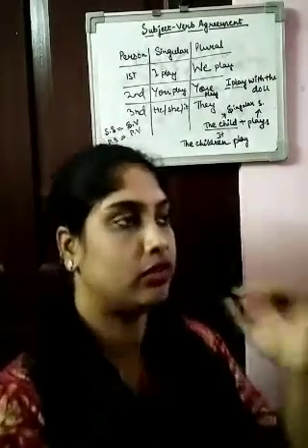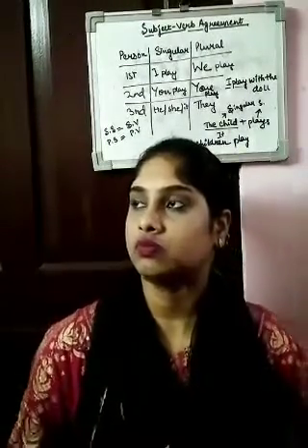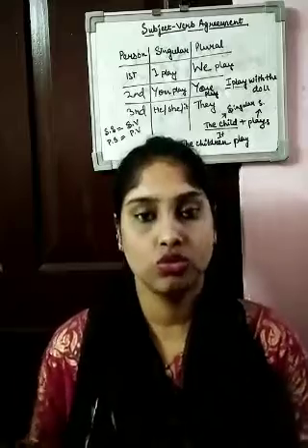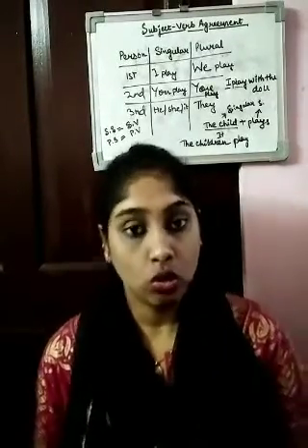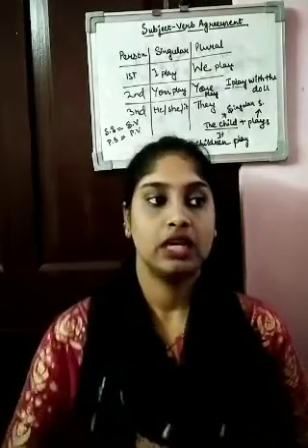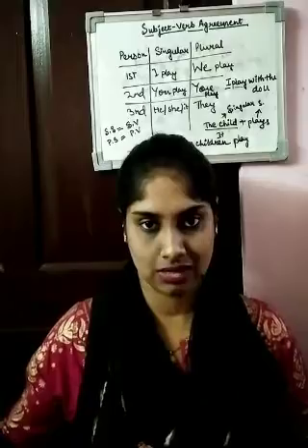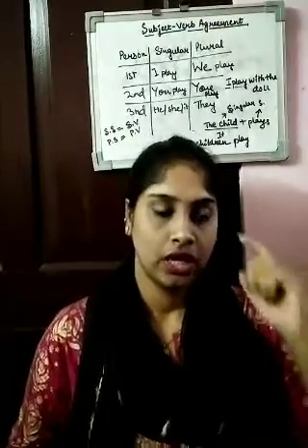Let's take another example. Rita goes to school. Now Rita is one person. Rita goes to school. I have said goes to school. But if we say the girls go to school.